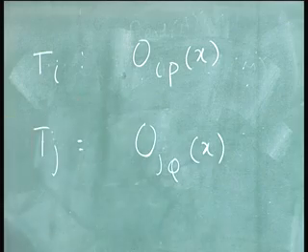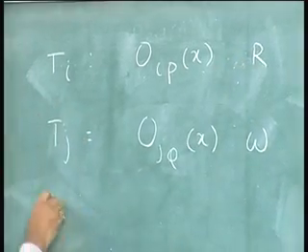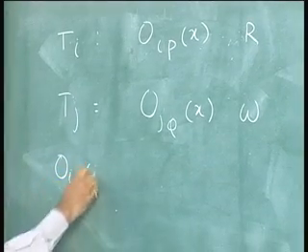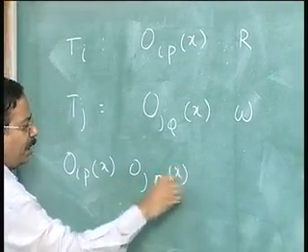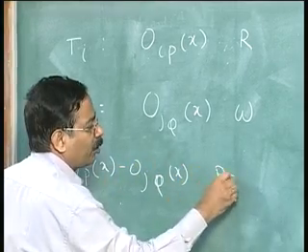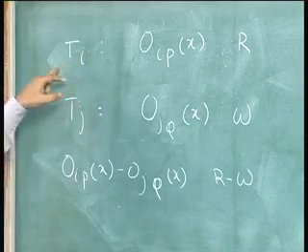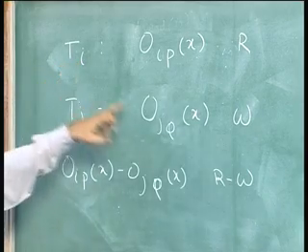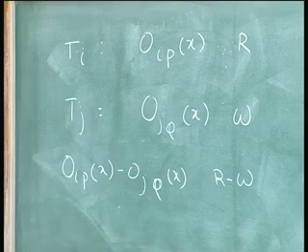When one is a read and the other a write, between OiP(X) and OjQ(X) you have a read-write conflict. The data item X is read by transaction Ti and modified by Tj. So, this is a read-write conflict.